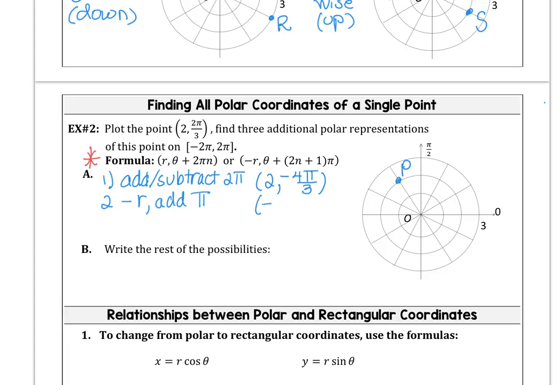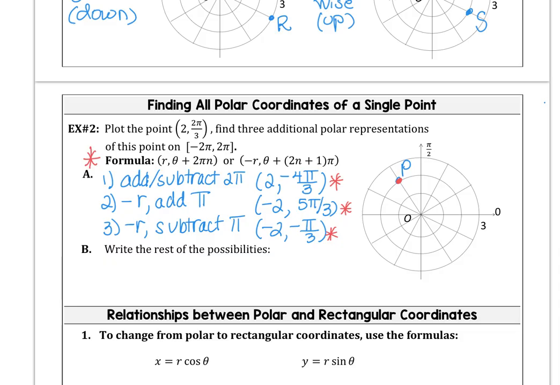That would be negative 2, and adding pi to 2 pi over 3, we would have 5 pi over 3. Another way is to change r to the opposite of r and then subtract pi. That would put us at negative 2 and negative pi over 3. So all three of these polar points would end up landing right there at the same spot, point P.